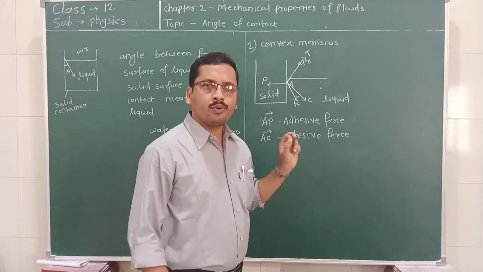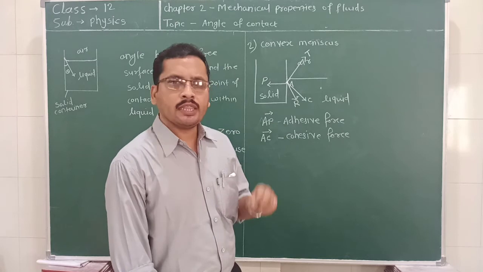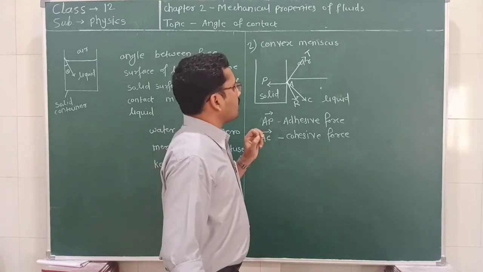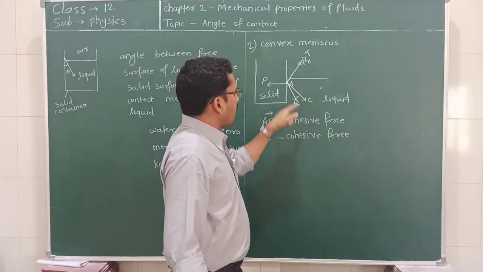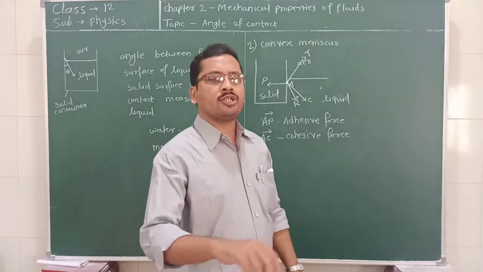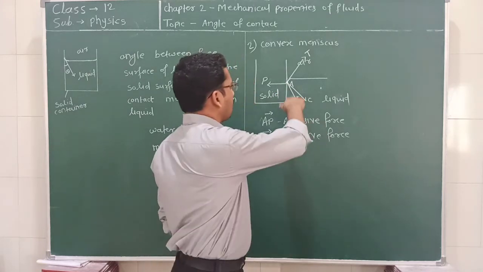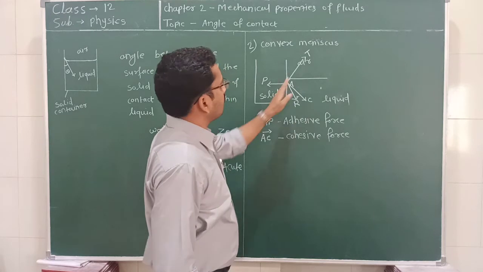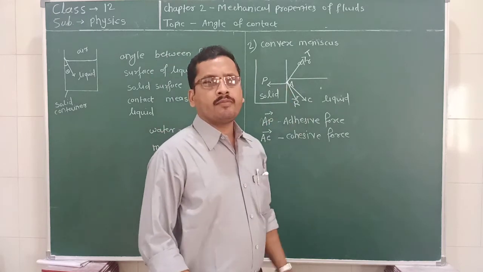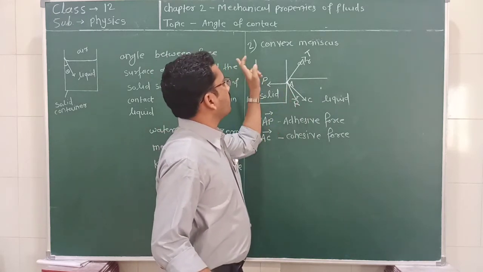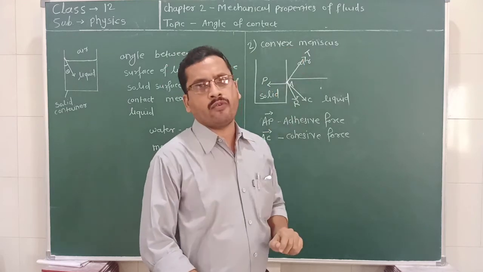To attain this equilibrium, the molecule A creeps against the solid surface inside the liquid, so that the angle of contact becomes obtuse and the meniscus is convex.